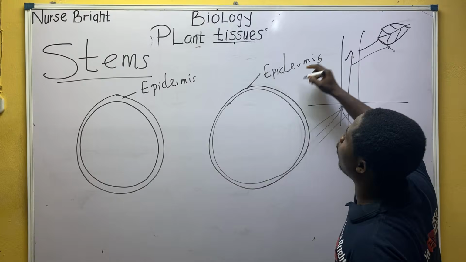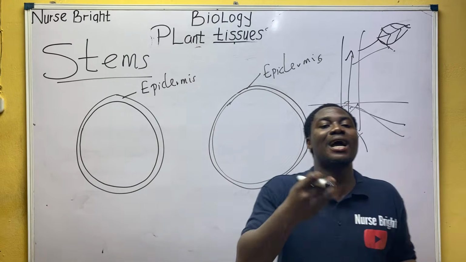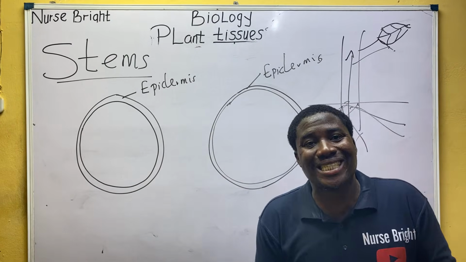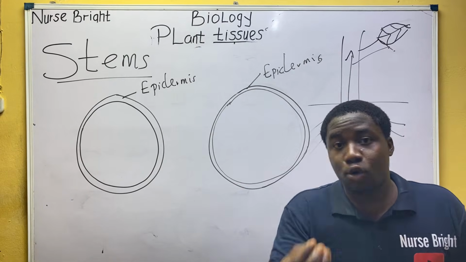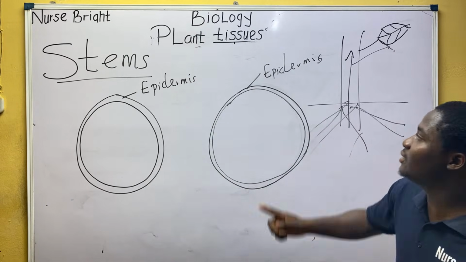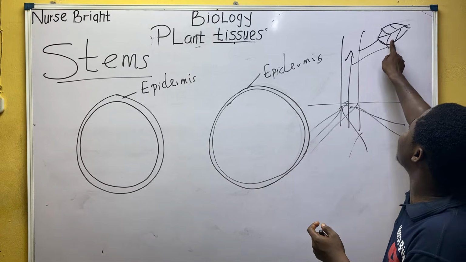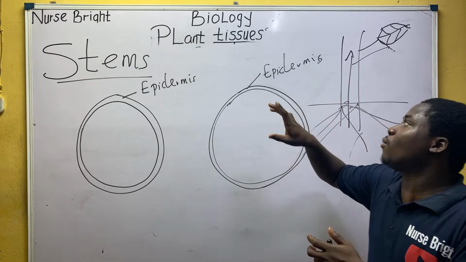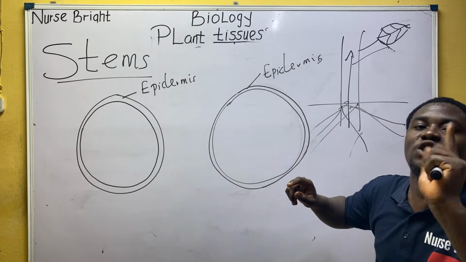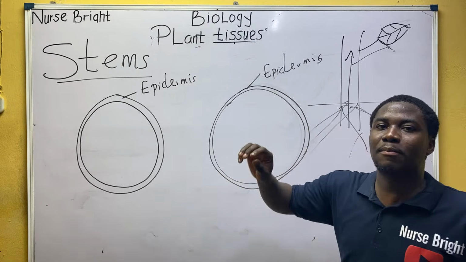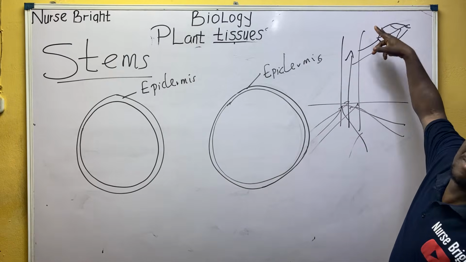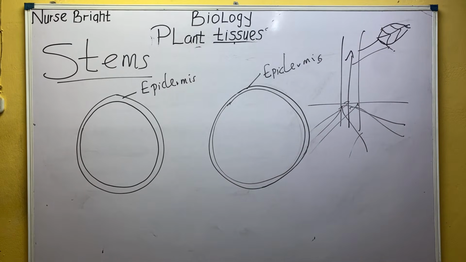Remember that the cuticle is a waterproof structure found in stems and leaves. Roots do not have cuticle. Where is it found in a leaf? In the upper epidermis. I taught you the leaf already, go and learn it. So that's the epidermis first.